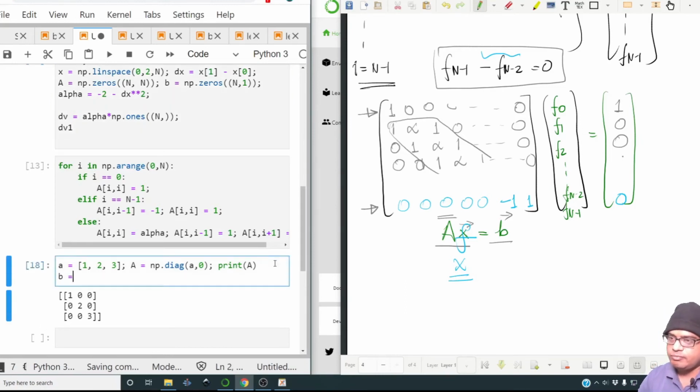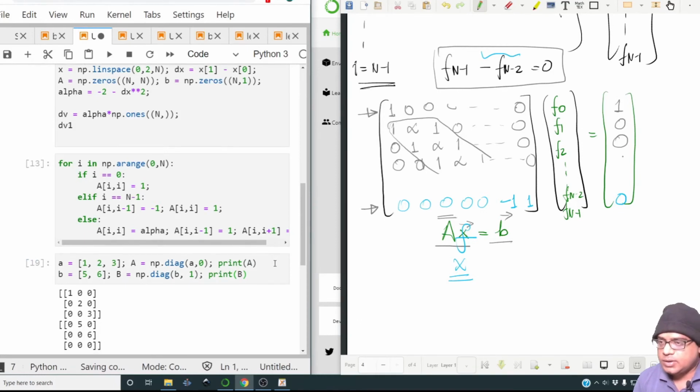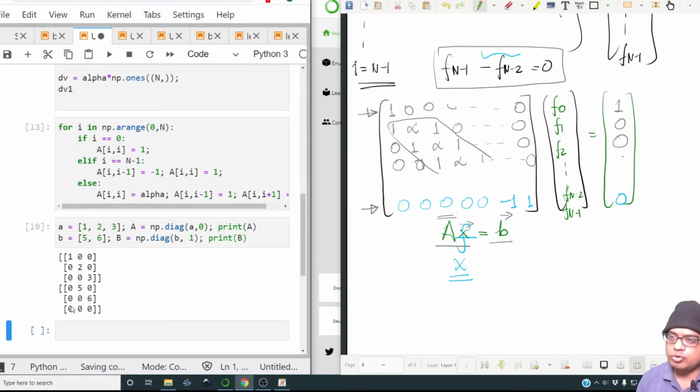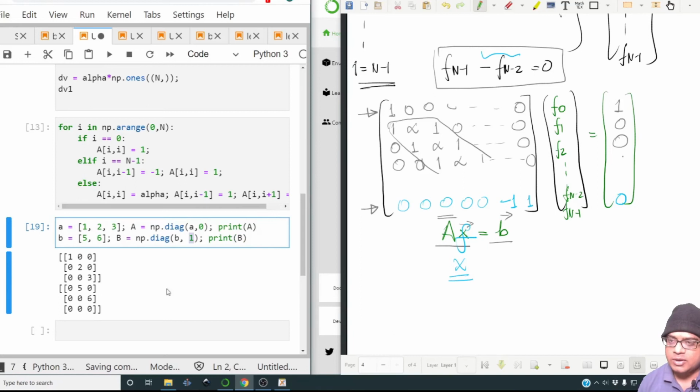Meaning if b is equal to 5, 6 and I write b equal to np.diag(b, 1), then let me print b. It's going to take the vector and put it in the shifted location relative to the diagonal. The shift is specified by this. Over here it is inserting the elements of b into the matrix B with a shift of 1. Obviously it has to have one less element. The more you shift, the fewer elements you should have.